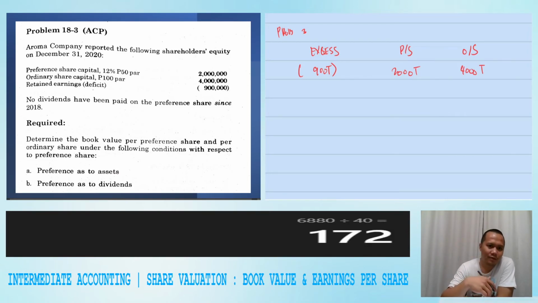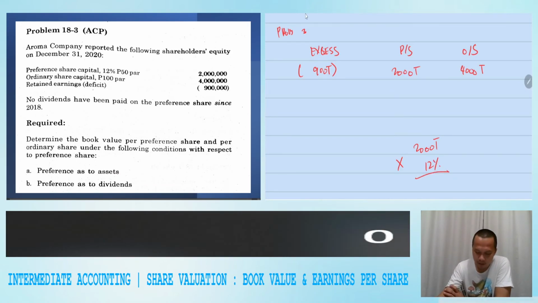So ngayon, first example, preferred as to asset siya, the annual dividend of the preference share is that because it is 12%, di ba? So the annual dividend, we have 2 million times 12%, that is 240,000 per year.